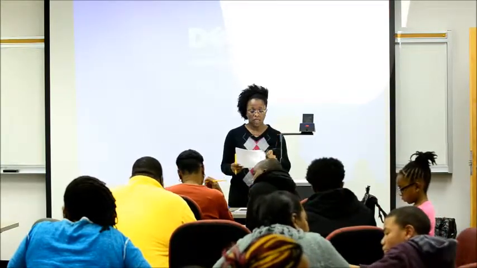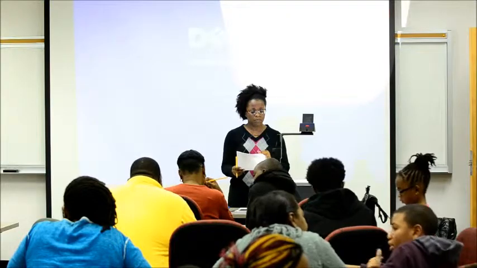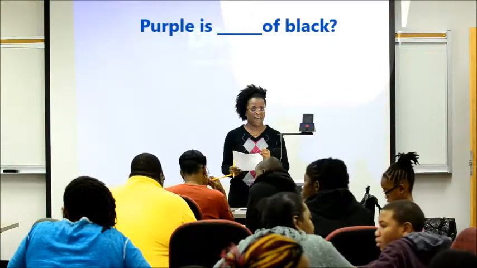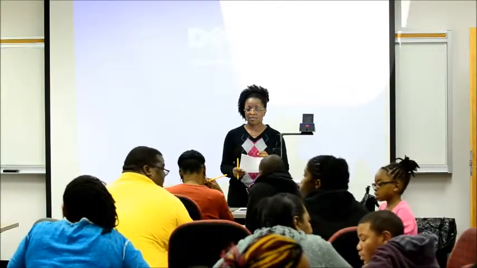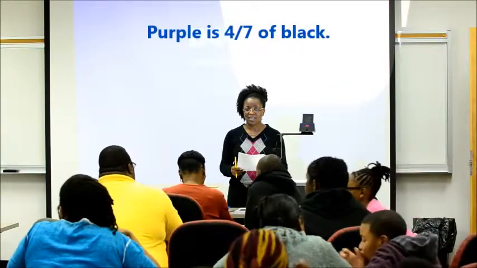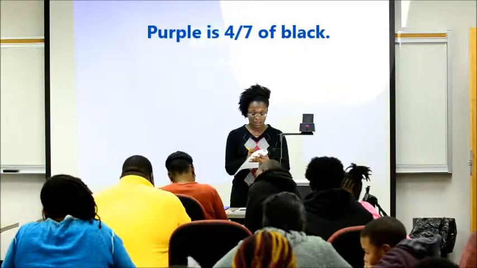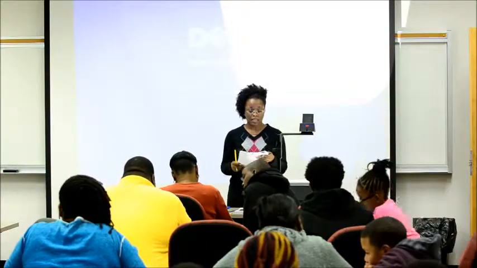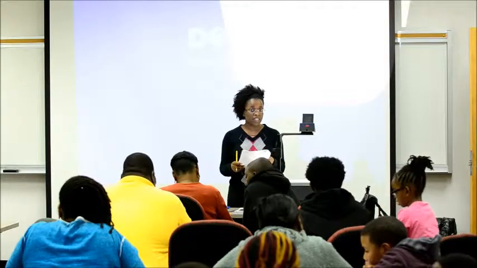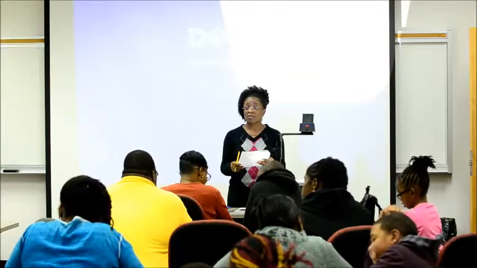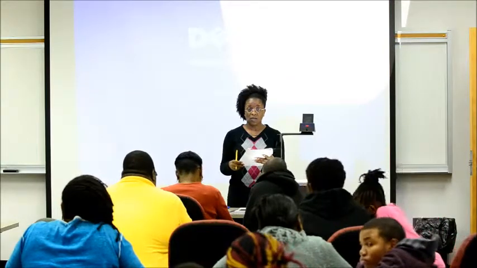All right, number 5, purple is blank of black. Who had number 5? What was the fraction? 4/7. It was 4/7, okay. Number 6, light green is 3/5 of yellow, okay?